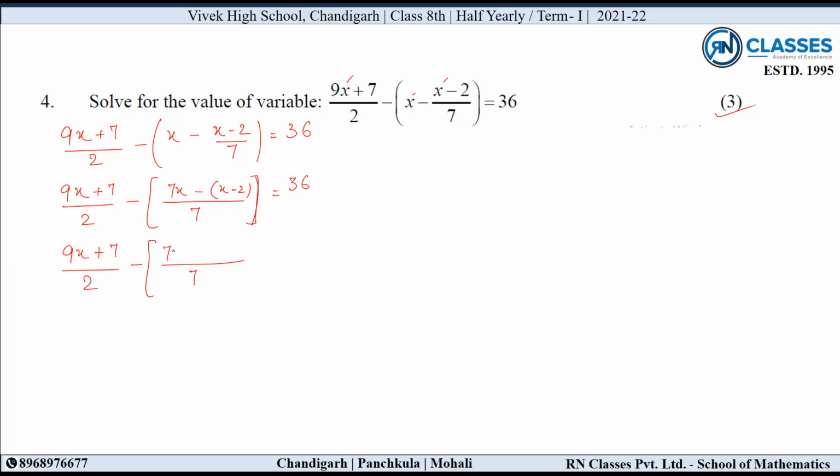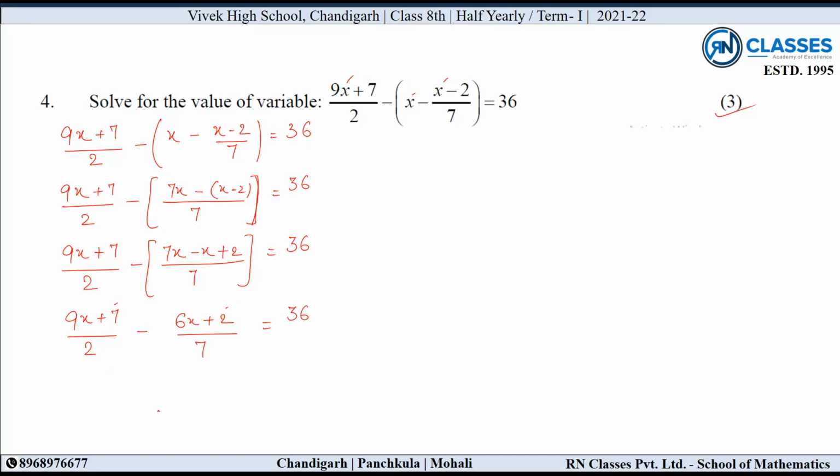This becomes 7x minus x and plus 2. Minus into minus is plus 2. That comes out to be 36. So 9x plus 7 by 2 minus 7x minus x is 6x plus 2 by 7. Right? This becomes 36. Now, यहाँ पे आपके पास number है, यहाँ पे भी number है.